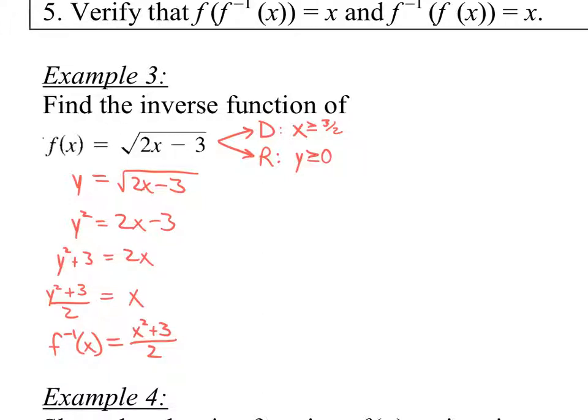For the inverse function, our domain would have to be what? x is greater than or equal to 0. And that means the range then, if the smallest x can be is 0, if I plug in a 0, what do I get? I get 3 halves. So y is going to be greater than or equal to 3 halves.